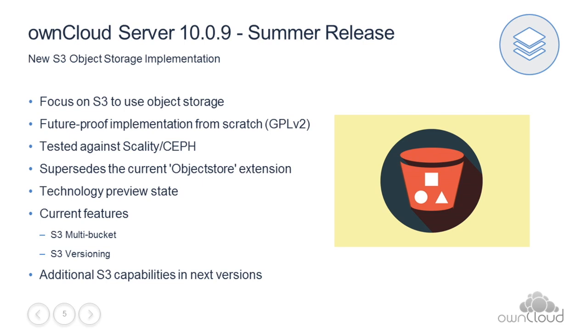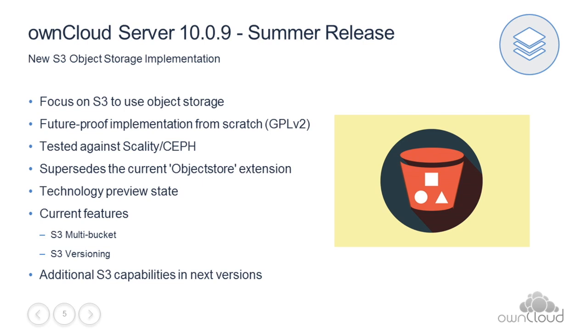Also, S3 chunking will be a feature that will be added subsequently, so you don't have to upload files completely into the object store, but you can split them into chunks and be able to resume, for example, if you have a bad connection or things like that.